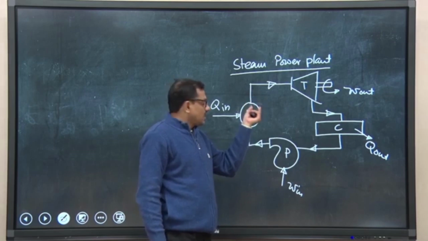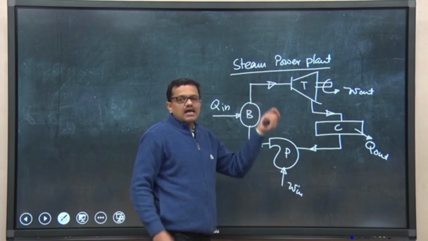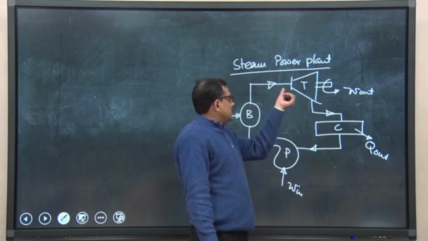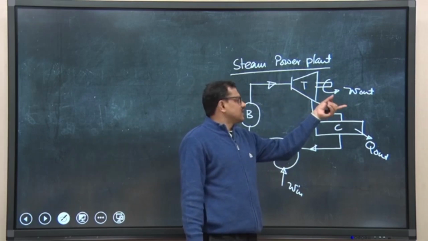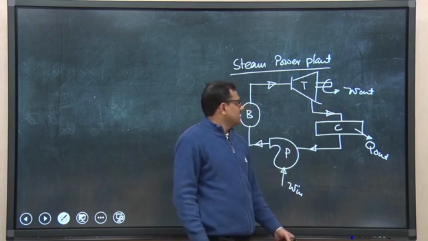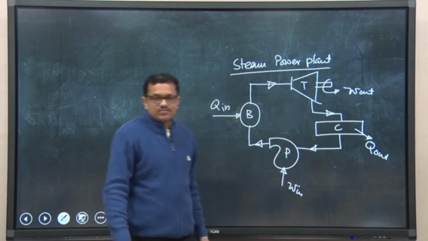That high temperature and pressure, having high energy, to be precise, that energy should be converted into another form of energy, that is work. So, that work we will be getting. Now, how can we have this conversion?